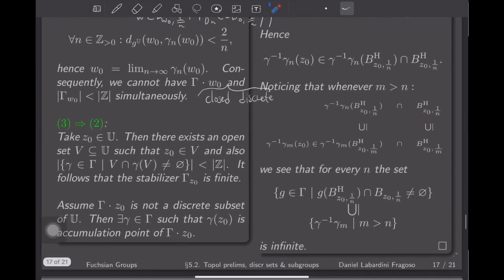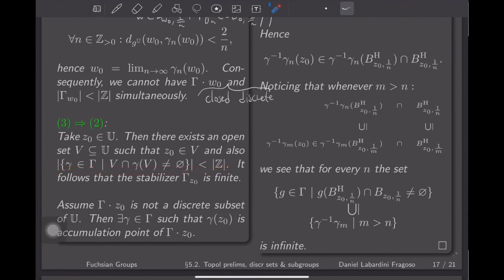And there is something which is easy from this, because anything that fixes Z naught fixes Z naught. So in particular for this open neighborhood, Z naught is not mapped far away by anything that fixes it.